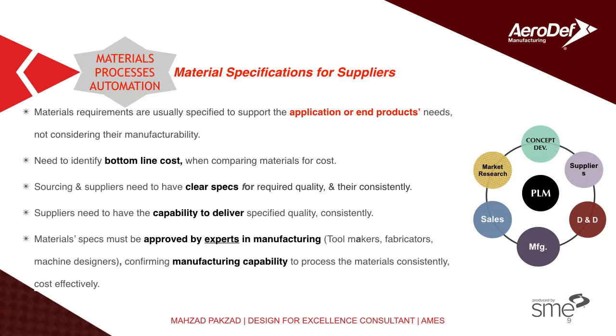One is to make sure, check for yourself, is the supplier really capable of delivering what they say or not. I personally check their equipment, how advanced their operations are, how they control it, the age of their equipment, the technology they use, and the capacity they have. And those evaluations of capability and capacity and the specifications, they need to be really approved by experts in manufacturing.